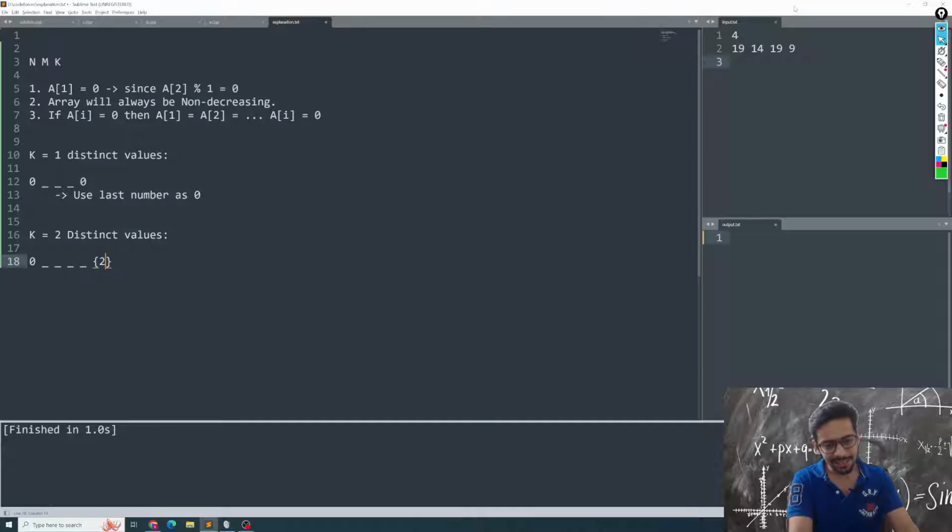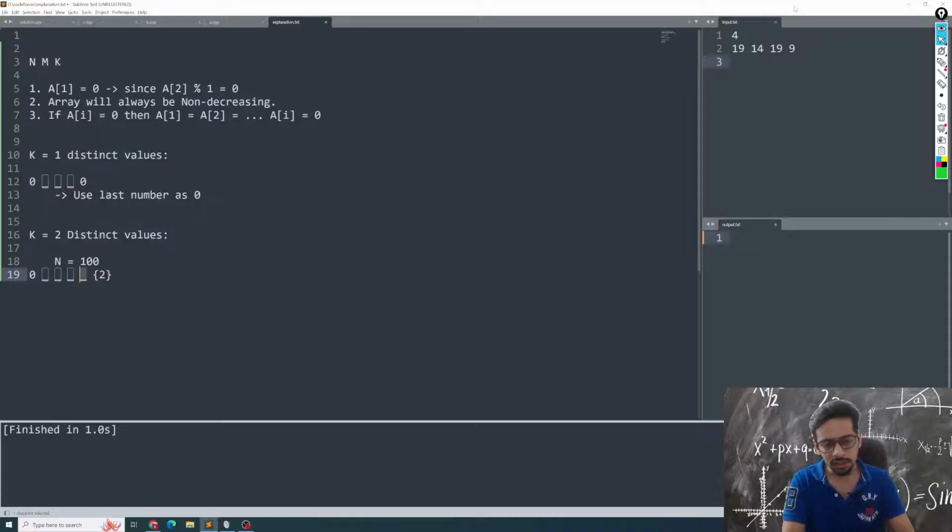Now let's assume n equal to 100 maybe, whatever. So if the last element is 2, is it possible to get three distinct values here? Think about it. Can you get 0, 1 and 2, all three elements in this array? The answer is you can never get all three elements. You will only get zeros followed by some 2s.